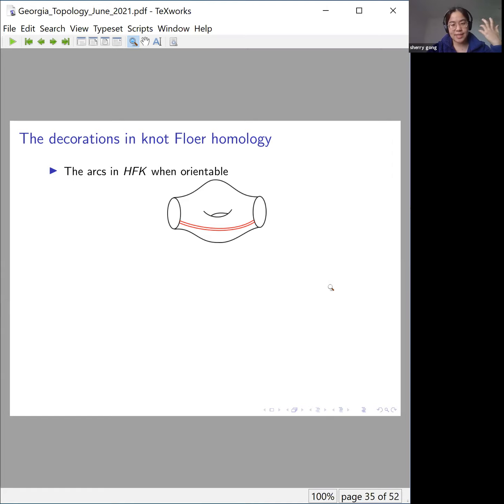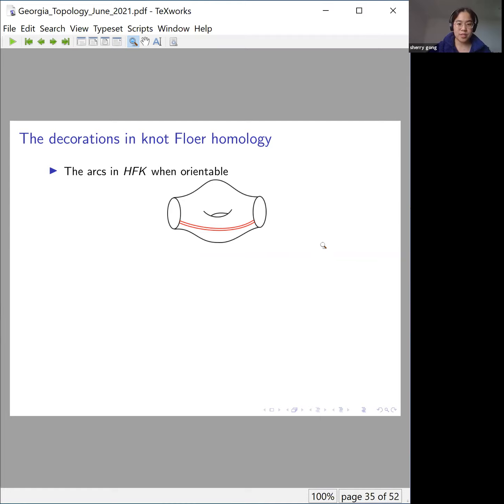The extra data consists of some set of arcs where the boundary of the arcs are 2 points on each end of your cobordism. So you have knots on each end, and each knot has 2 points on it, and then you have these arcs across it. Here, these arcs are drawn in red on this picture. The property that these arcs have to satisfy in order to induce a well-defined map is that they have to divide the cobordism into orientable pieces.